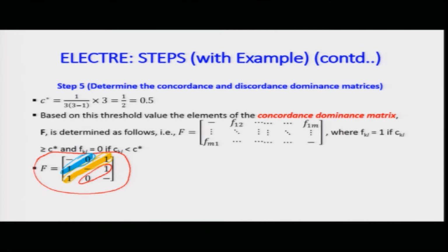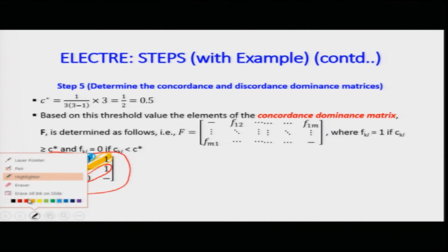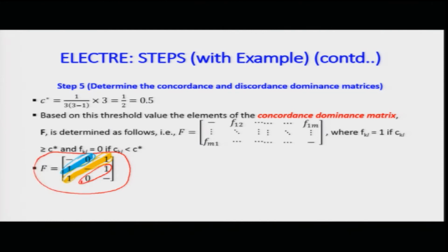Hence, I have a score of 1 1. When I go to the case of comparing A2 and A3, if I take A2 with respect to A3, I am happy with A2. If I take A3 with respect to A2, I am happy, but not to that extent. It does not give me much extra value. So, this gives you the values on the level of the concordance dominance matrix.